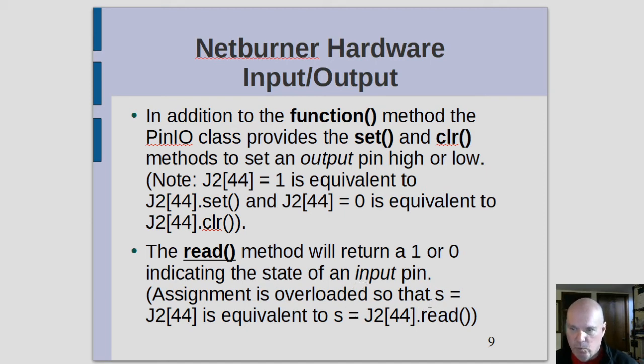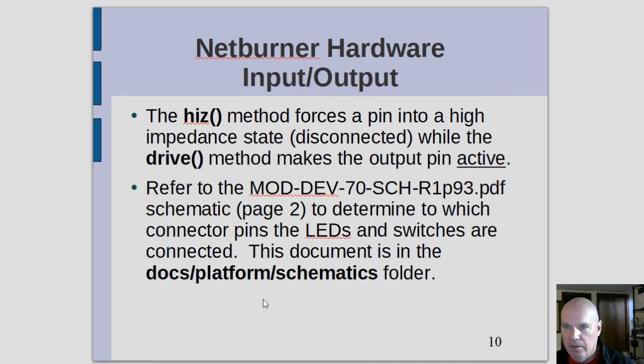Again, instead of reading from the pen, you can just set S equal to J2 44, and then S will be set equal to 1 or 0. Alternatively, you can use the read method. There's another method that actually disconnects the GPIO pin from the bus, forces it into a high impedance state. That's the high Z method.